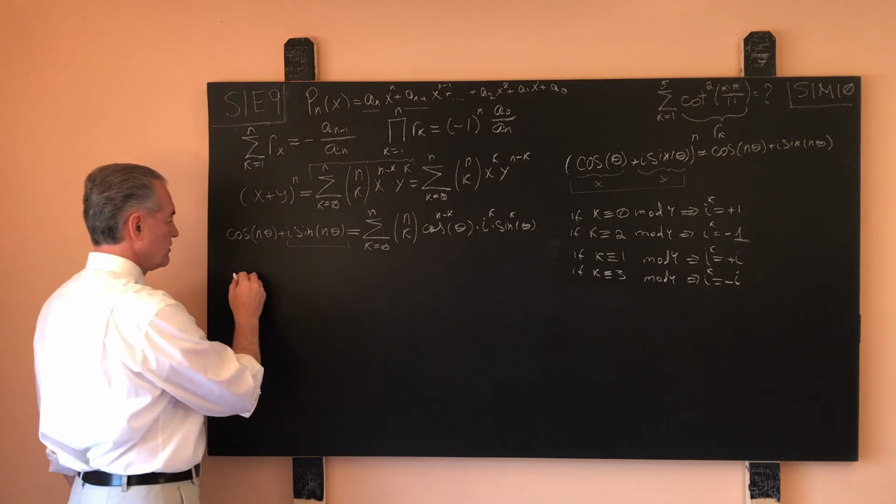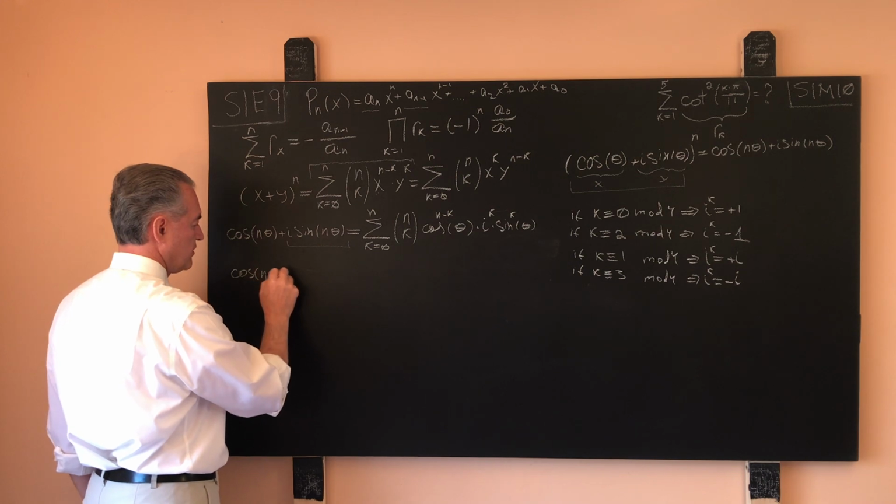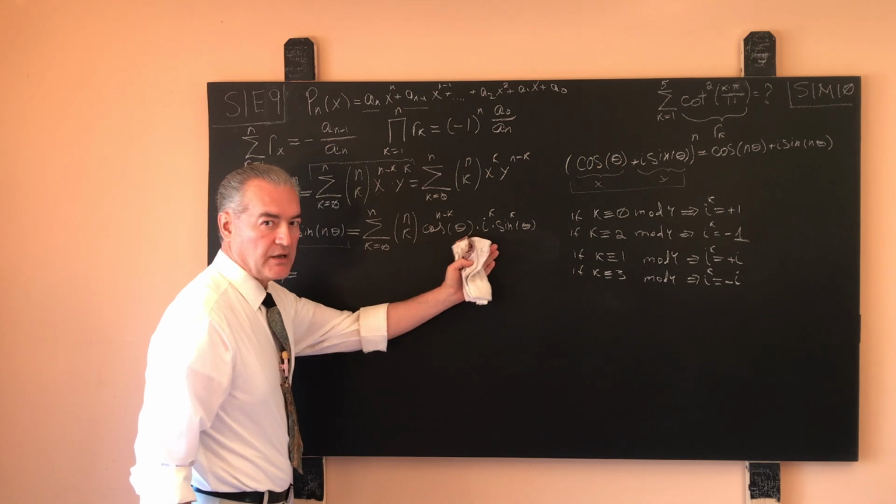Consequently, we can write, for example, that cosine of n theta will be equal to the i-free pile in this expansion.